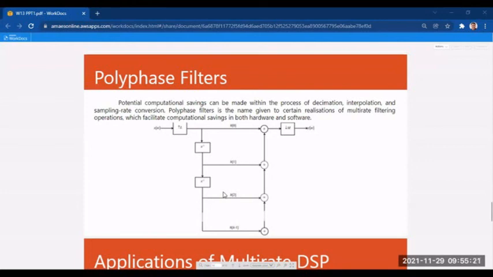So a more efficient realization structure of the sampling rate converter uses polyphase filters. It takes into account that after the interpolation process, the signal consists of L-1 zeros, and the decimation process implies that only 1 out of every M samples is required at the output of the converter.